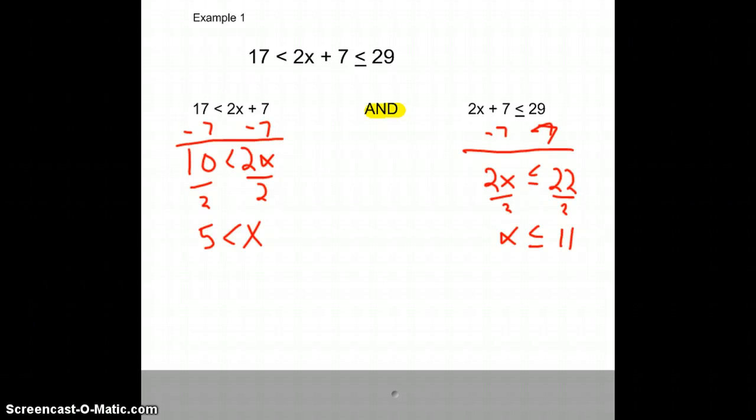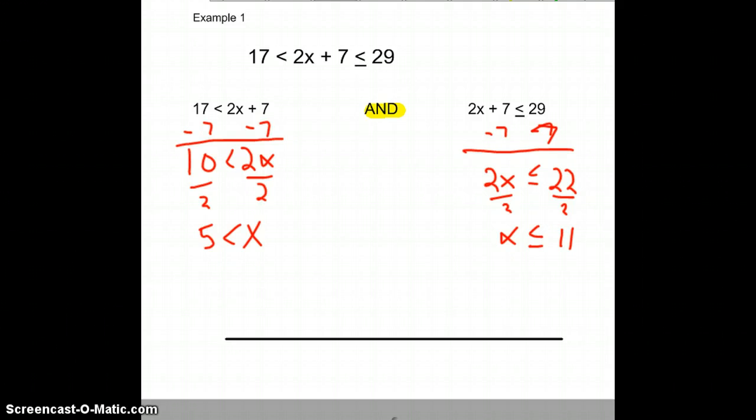Now, if we go to put these on a number line, you guys can use your ruler. Here's my 0. I need x that's bigger than 5. Actually, let's move our 0 over just a little bit. I'm just realizing the numbers we got here.